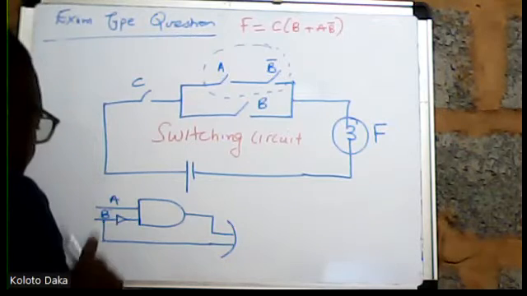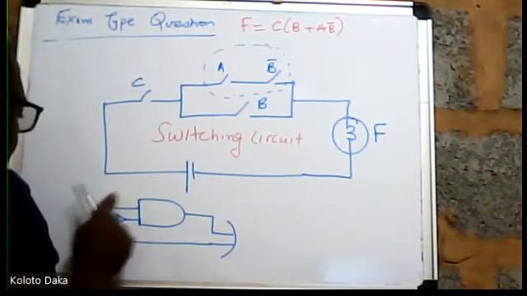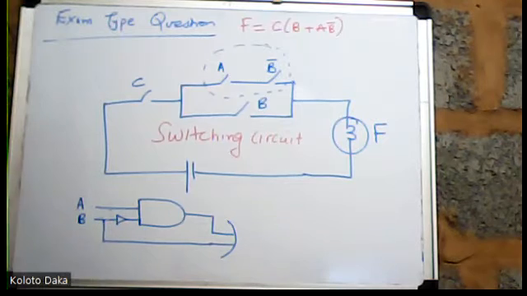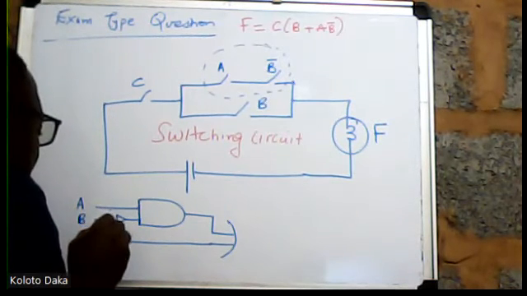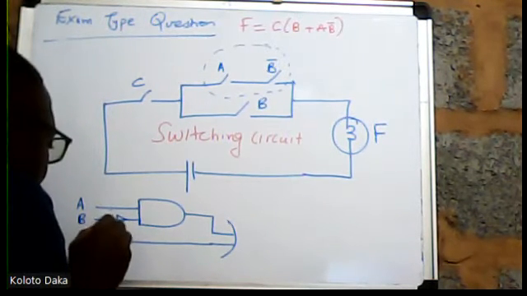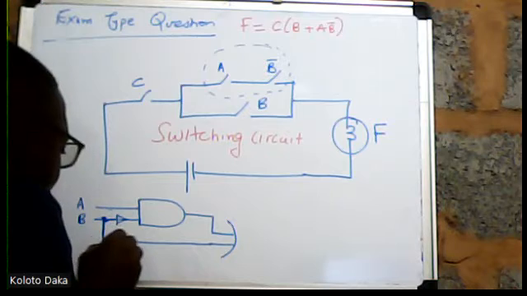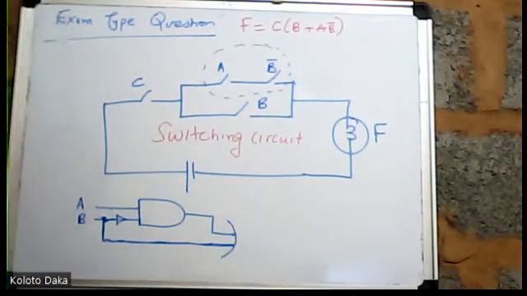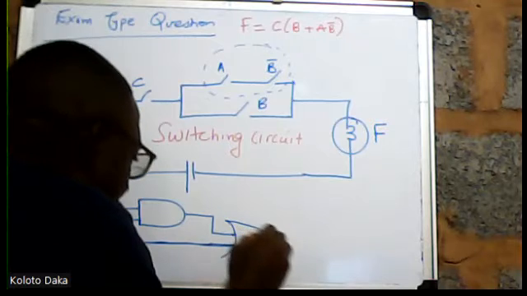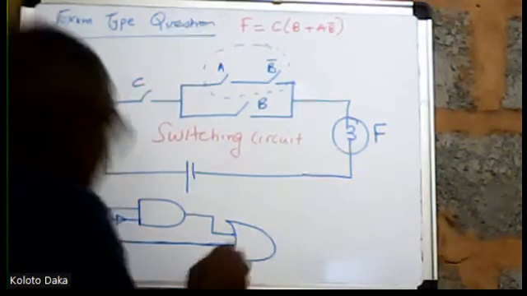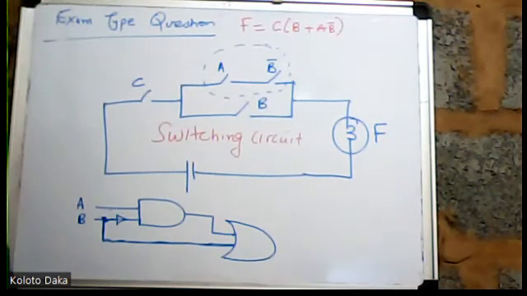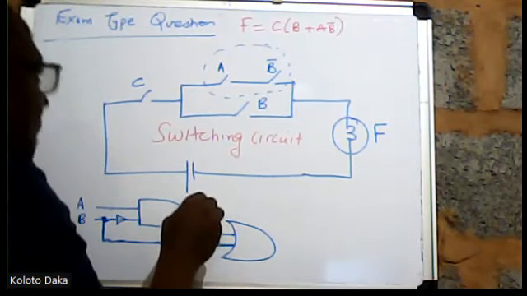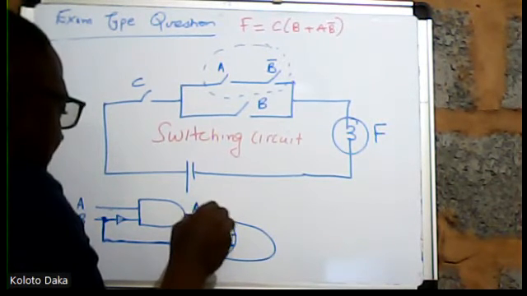You are simply saying we have our A there, we have our B here. Before the B goes here, we can tap into there in series. So what you have here is A multiplied by B bar.